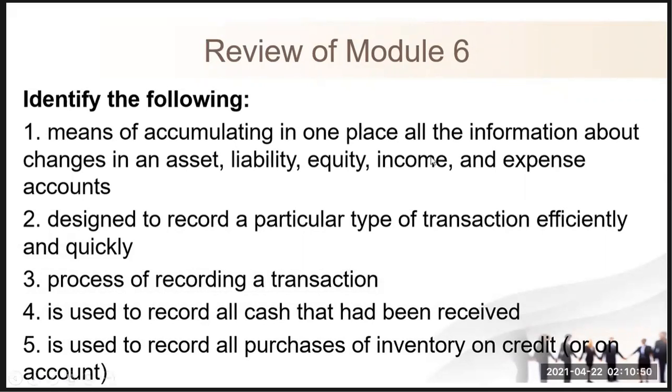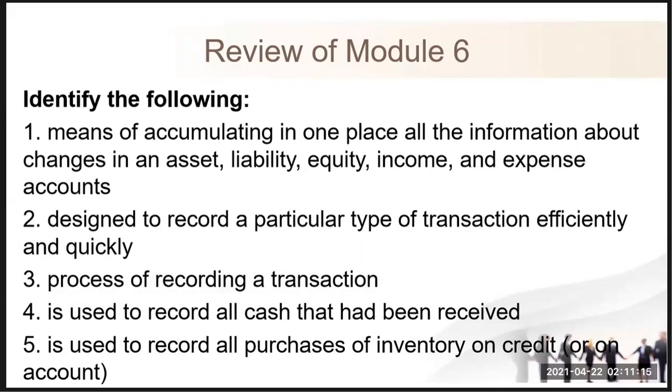Number 1, means of accumulating in one place all the information about changes in asset, liability, equity, income, and expense accounts. So what book could that be? Number 2, designed to record a particular type of transaction efficiently and quickly. So what book is that?